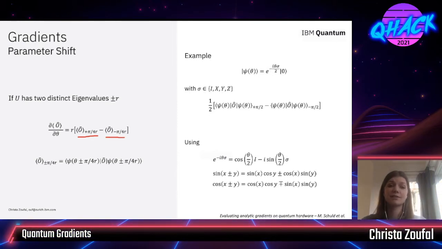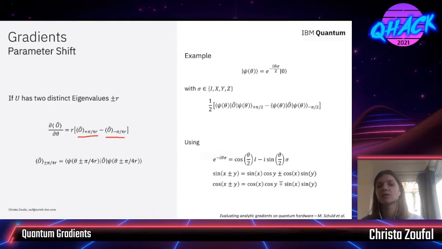And then we can simply just add them up together and get our gradient. This is very nice and neat. We don't have to add additional qubits, but just need to evaluate the same circuit structure with different parameters twice, and then just add them up, given some factors, and get our gradient.